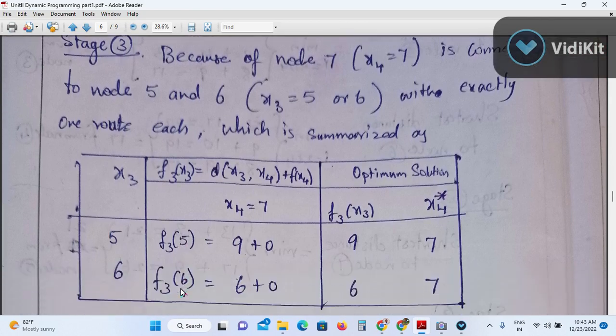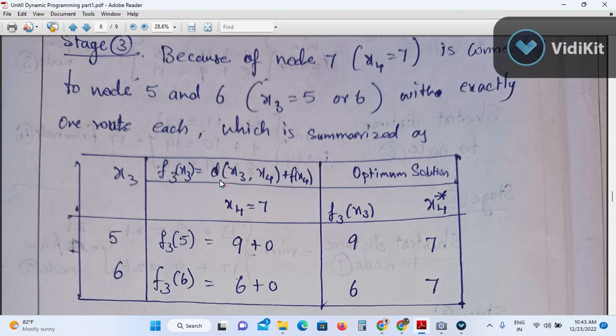I'll start by taking x4 as 7 and moving backward. So naturally x3 is either 5 or 6. I'll put x3 as 5 or 6. According to the mathematical formula, put i equal to 3 here. So that is f3 of x3, that is stage 3. What is this?